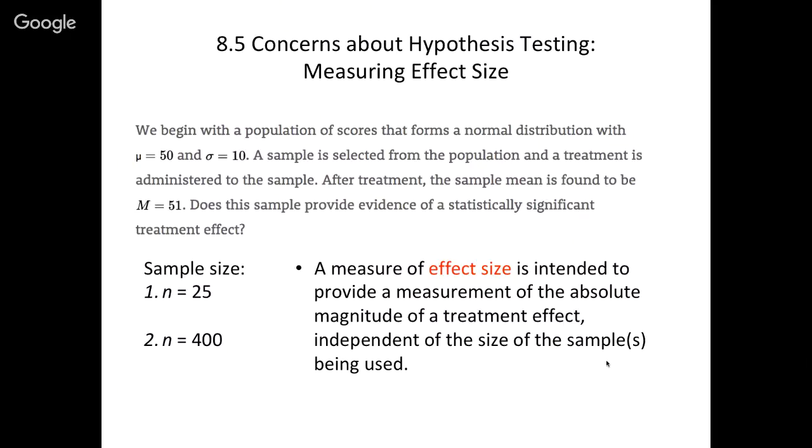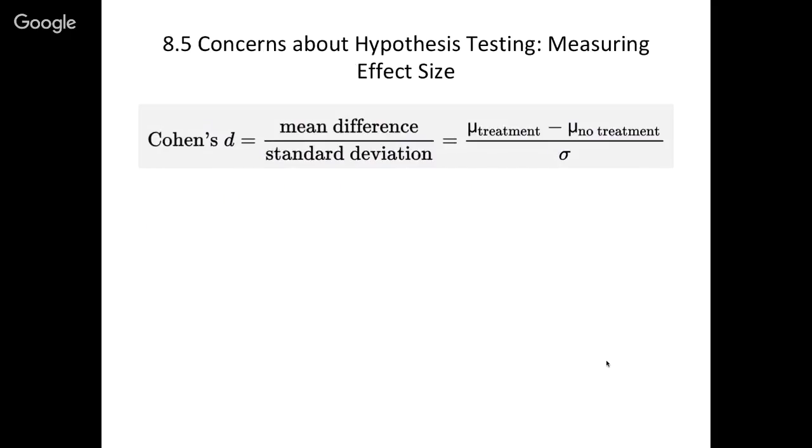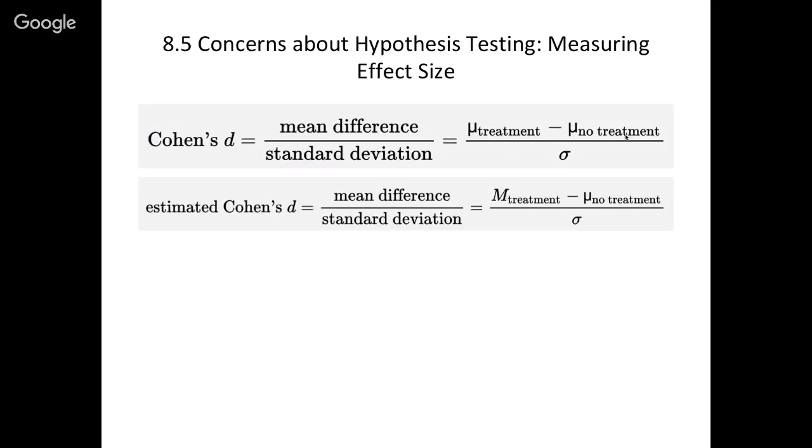How to measure the effect size, right? Here we have an index called Cohen's d. Cohen's d can be computed as the mean difference divided by the standard deviation. Not the standard deviation of the mean, sorry. The standard deviation of the population. It means the mu of the population after treatment minus the mu of the population before the treatment, divided by the standard deviation of the population.